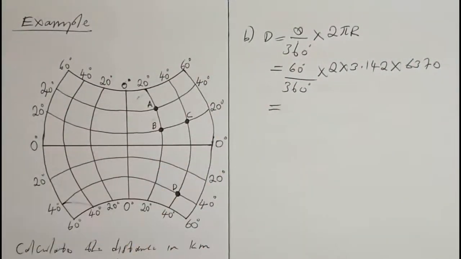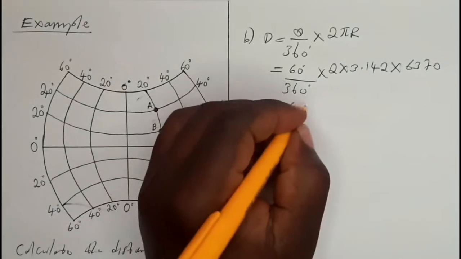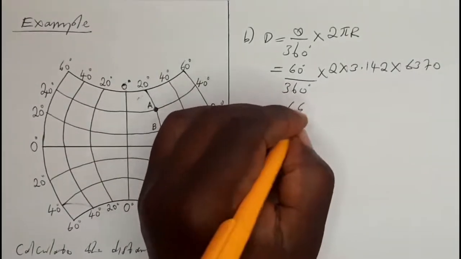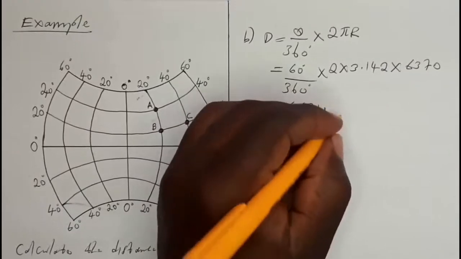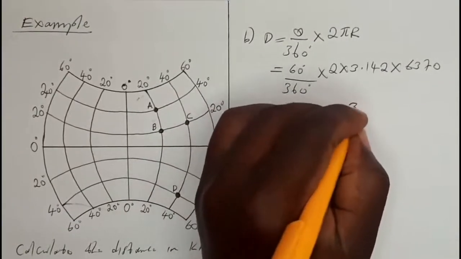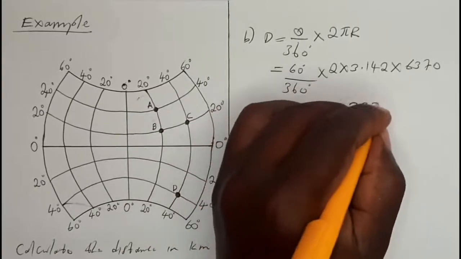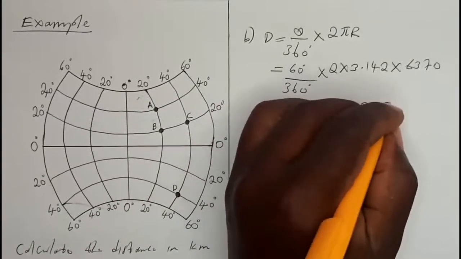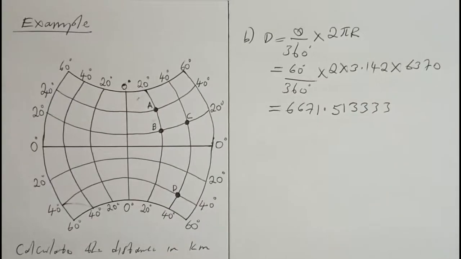If you key this in a calculator, this will give us 6,671.51333.